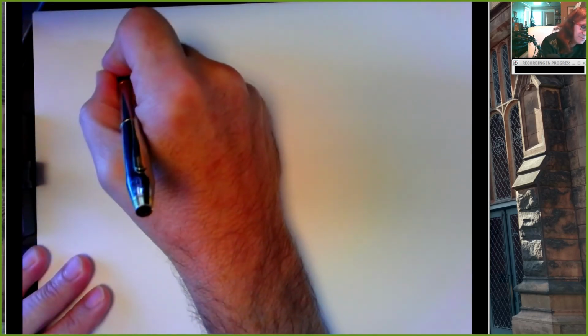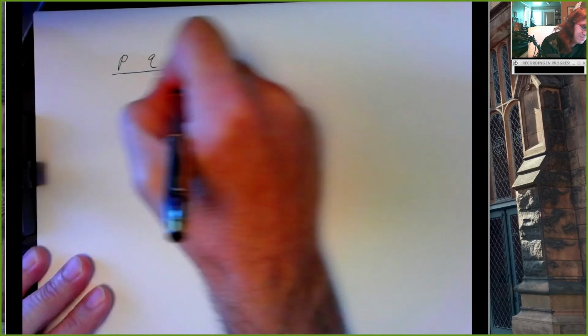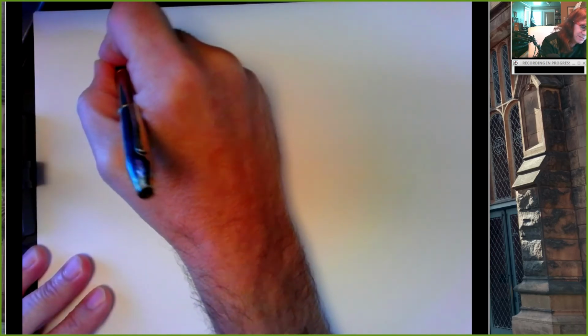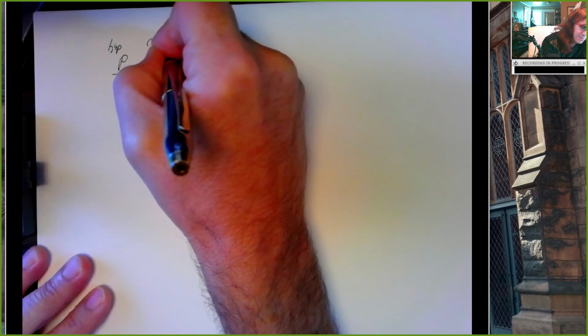So let me come back to another topic that someone asked about, and I said we'd get to. The converse and inverse of a proposition. Suppose we have P and Q. P is the hypothesis, Q is the conclusion.